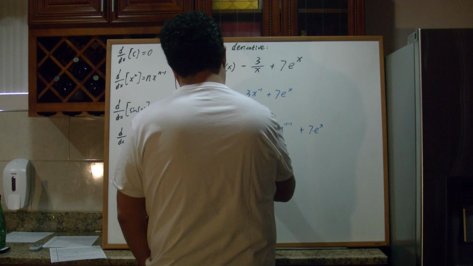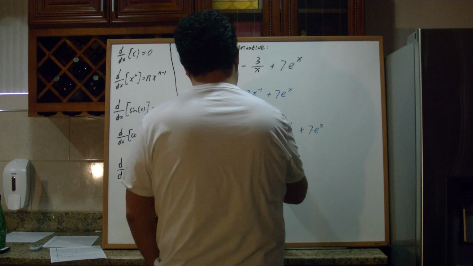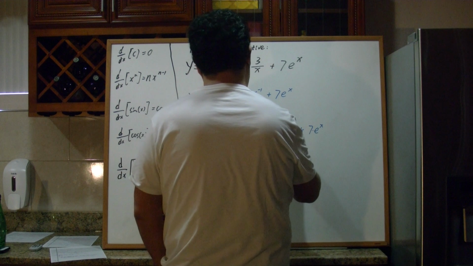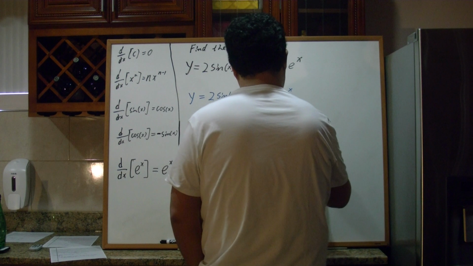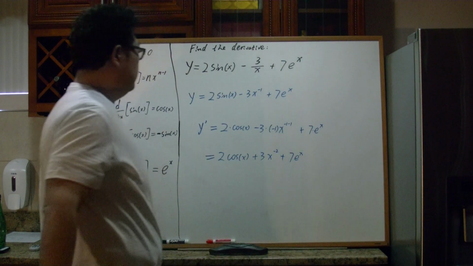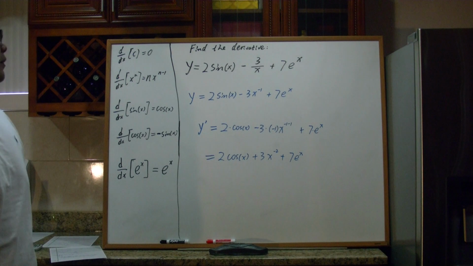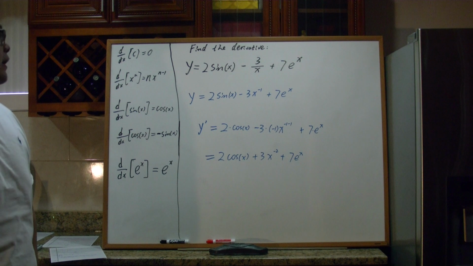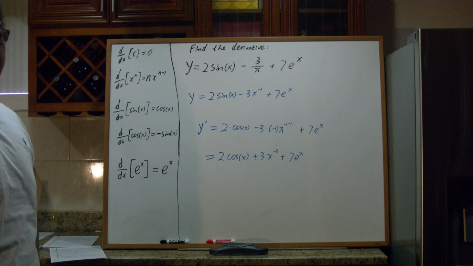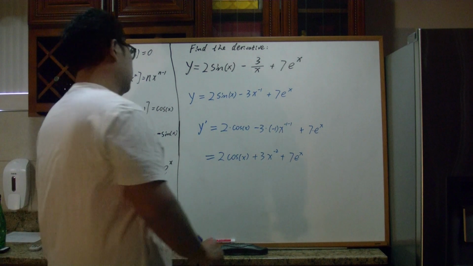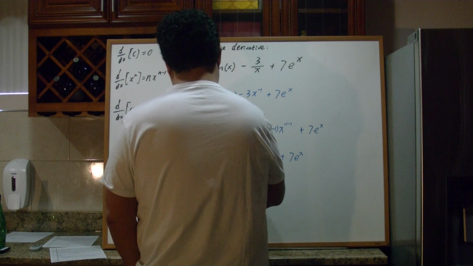That we can simplify to cosine of x plus 3x to the negative 2, the product simplified, and then the power of x is negative 2, that will flip down to 3 over x squared.